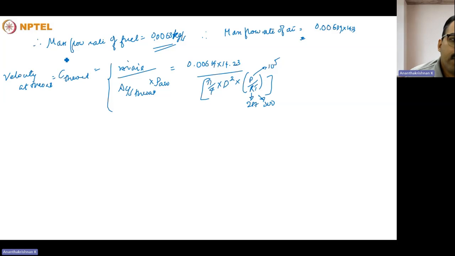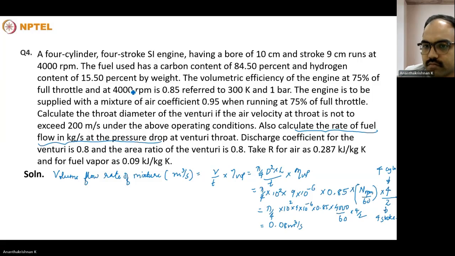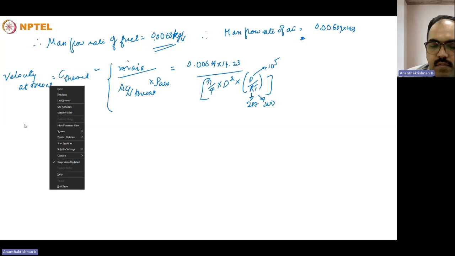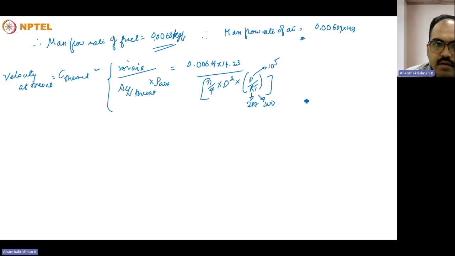And there is one more thing that we need to consider here. The area ratio of the Venturi is 0.8, and the discharge coefficient for the Venturi is 0.8. We need to consider the discharge coefficient as well. So that's what I was trying to tell previously. The actual velocity will be equal to C times the ideal throat velocity. So the velocity that we'll be getting should be divided by 0.8 to get the real velocity at the throat.